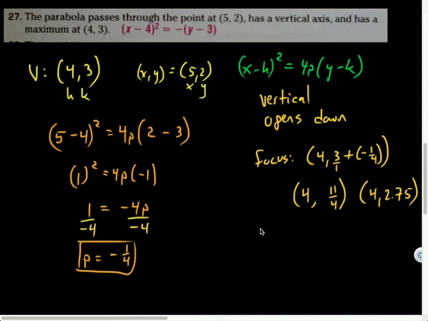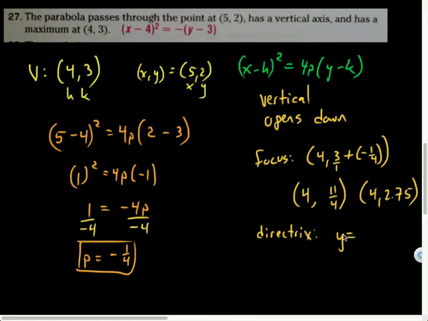So for the directrix, I guess I started with axis of symmetry earlier, but that's fine. Since this is vertically oriented, the directrix is perpendicular to that. So this is a horizontal directrix, so that should be y equals some number.